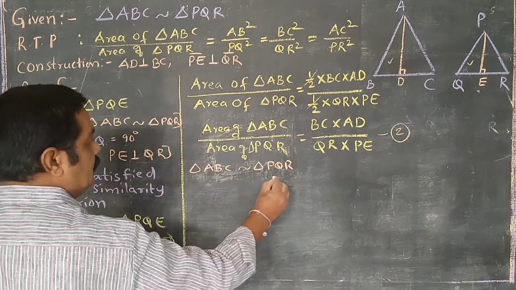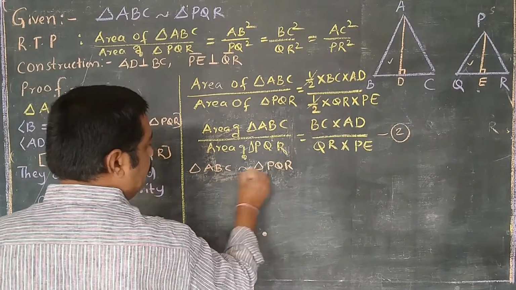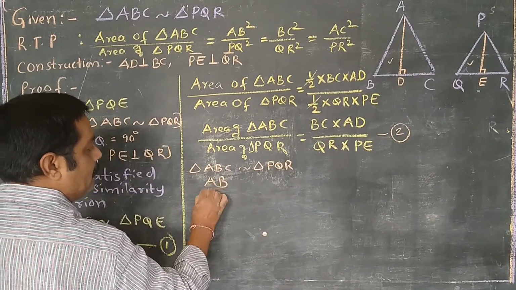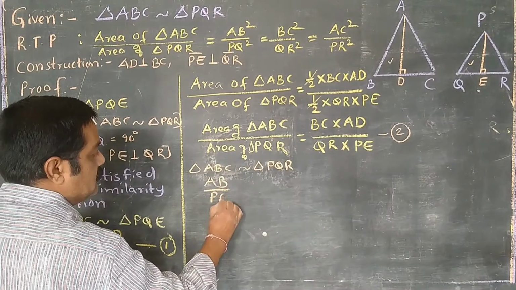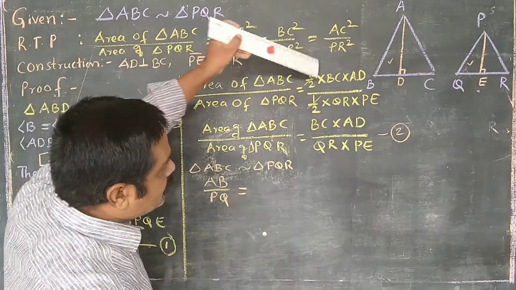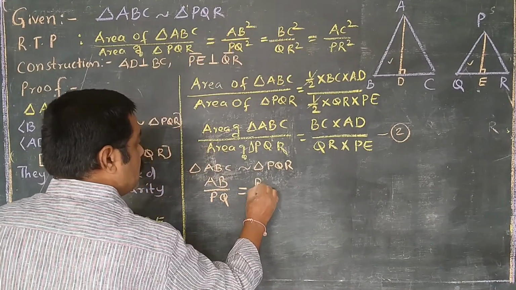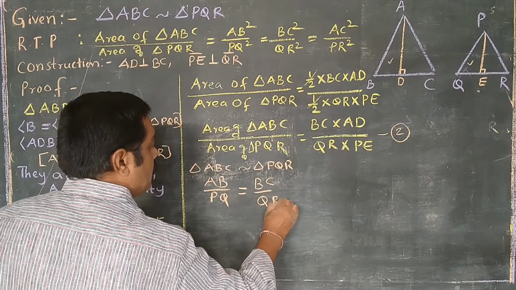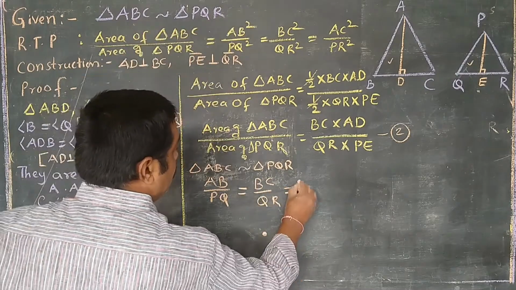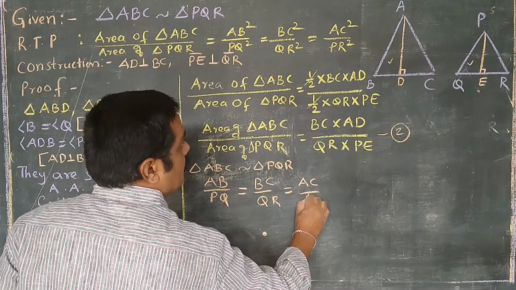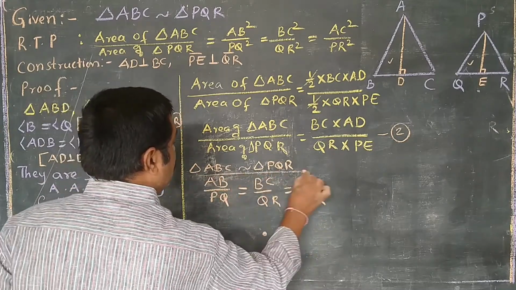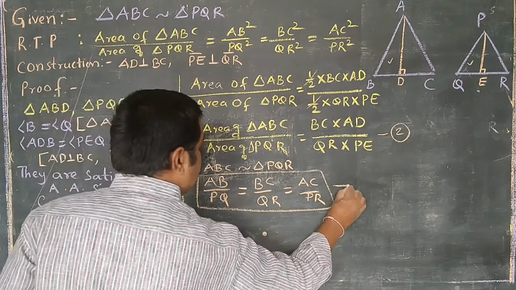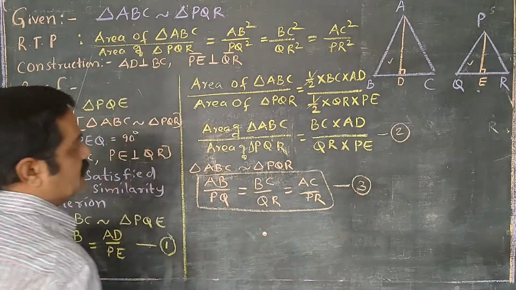What are the corresponding sides in these triangles? AB by PQ is equal to BC by QR is equal to AC by PR. This is already known, and this is treated as the third equation.